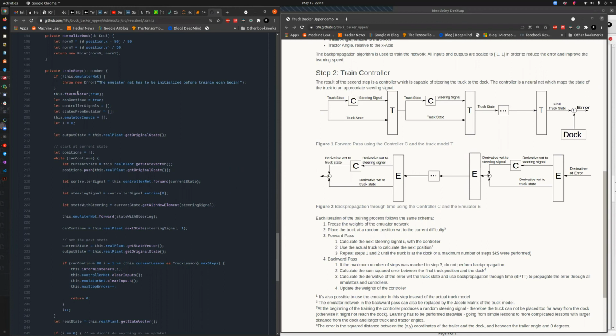Yeah. We don't use those gradients for the update, and we don't need to store them, but we still have to go through it to get the gradients for the controller.